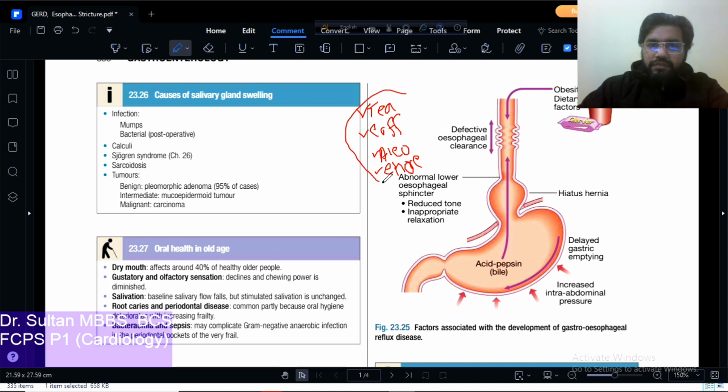These types of foods have an effect on the lower esophageal sphincter. They relax the lower esophageal sphincter. So if you drink tea or coffee just after you have a heavy meal, it will relax the lower esophageal sphincter, and ultimately the food you have eaten will jump into the esophagus and it will cause heartburn, regurgitation, and reflux disease.